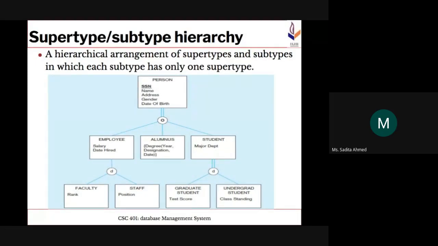Can you please tell me, Krishanu, what is the completeness constraint? What specific rule is applied based on the completeness constraint in this specific supertype subtype relationship? Which completeness constraint is being applied here? Can you please tell me that?